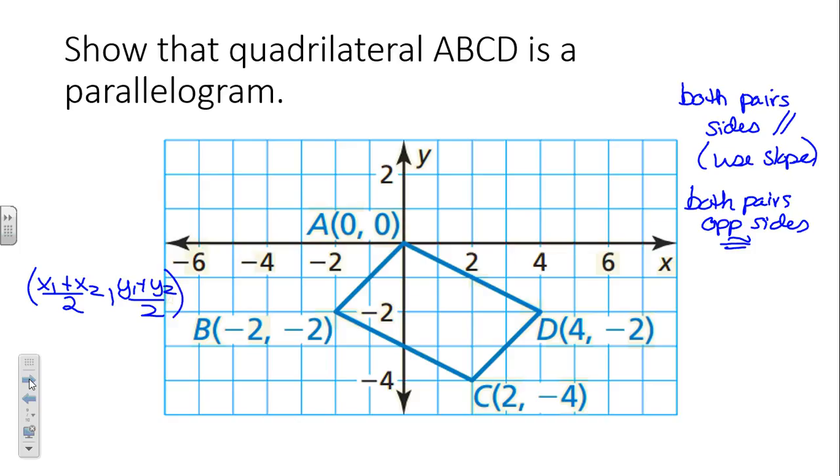So we can find the coordinates of the midpoint of BD and the coordinates of the midpoint of AC and show that they're the same point. Make sense?